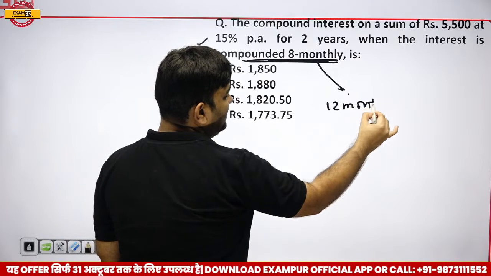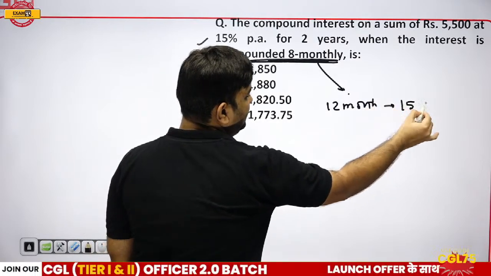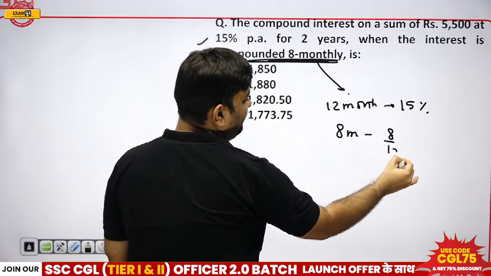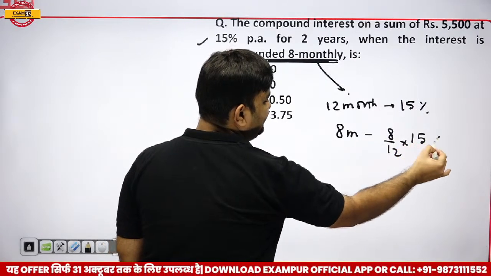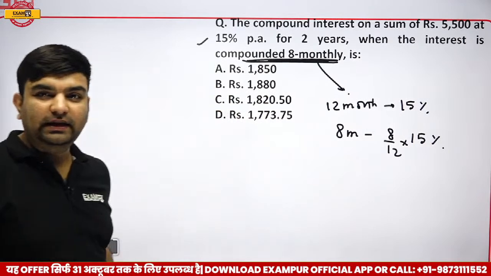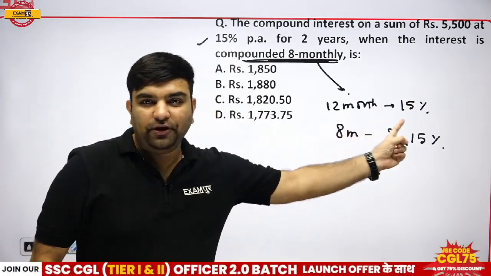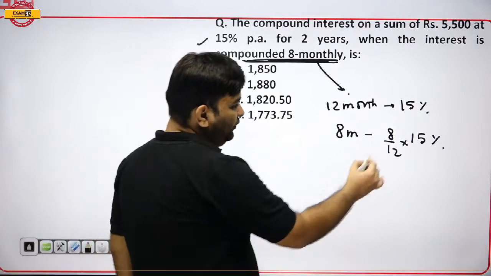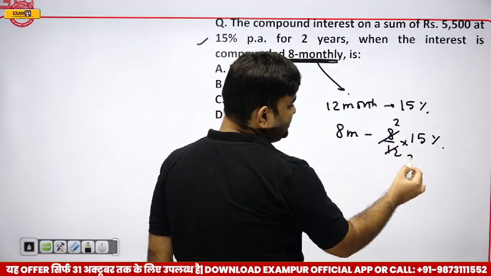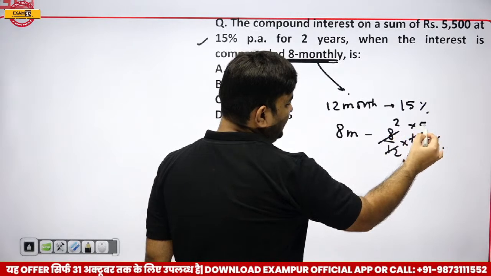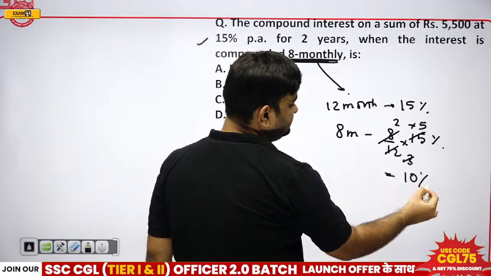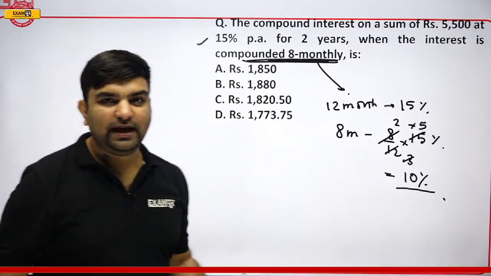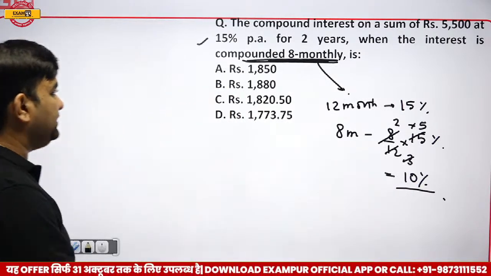If for 12 months the rate is 15%, then for 8 months it is going to be 8 by 12 of 15%, which is about 4 2 ja, 4 3 ja, 3 5 ja. So 10% is the rate. 10% per 8 monthly is the rate.